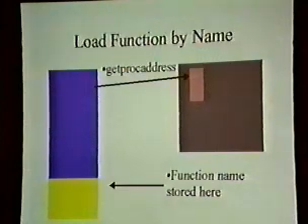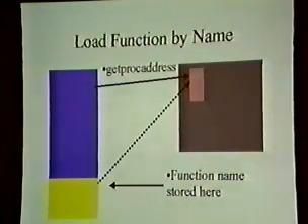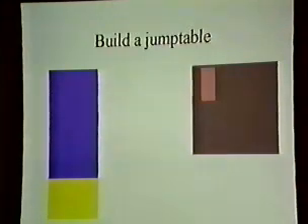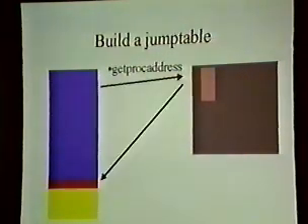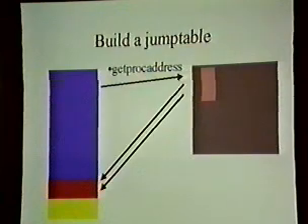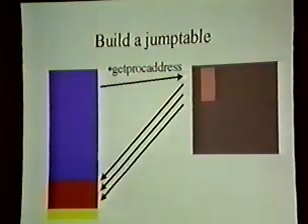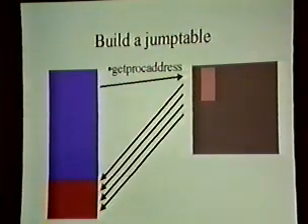Get proc address, give it the name of the function I want. Once again, that's stored in the data portion, and it gives me the function address. So then I take that function address and I store it somewhere where I can use it, and that's called building a jump table. So I get proc address, store it, get proc address, store it, for every single function that I need to use.